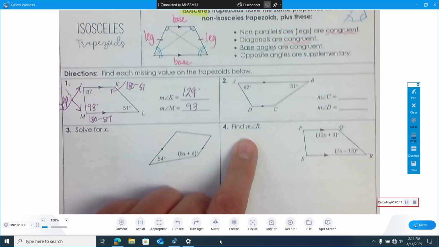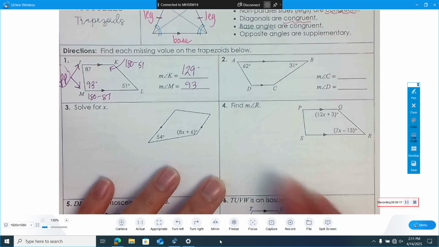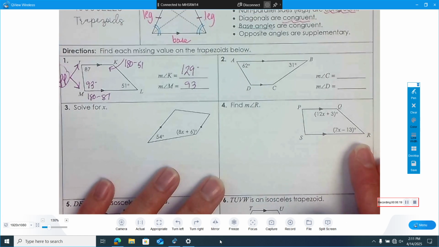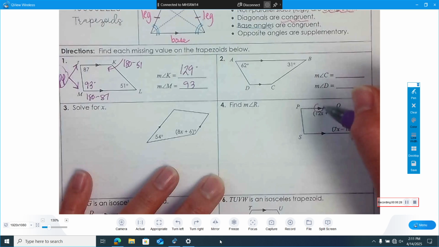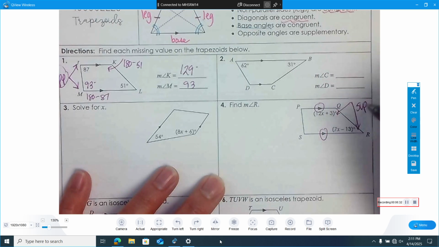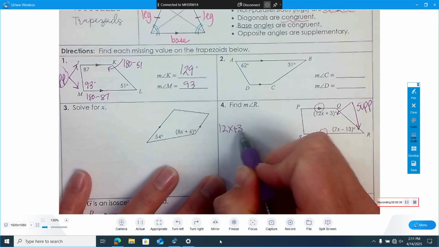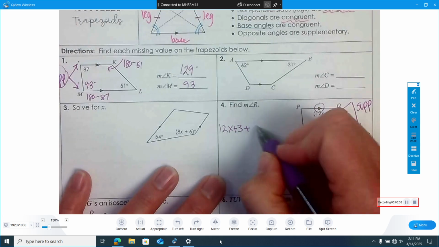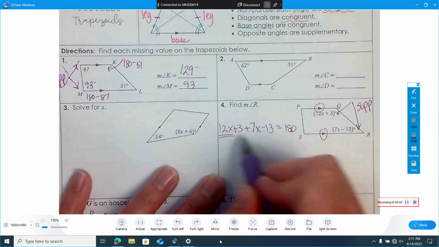What about number 4? We want to find the measure of angle R. What are we going to do to solve in this one? They add and equal 180. Again, we have parallel lines, so the angles between the parallel lines are supplementary. So 12x plus 3 plus 7x minus 13 equals 180. I'm going to combine my like terms.